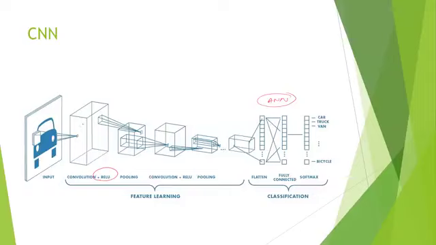So there would be some convolutional, or we call it feature maps. What this feature map does is it will extract some key features from the images. For example, let's suppose this is a face.